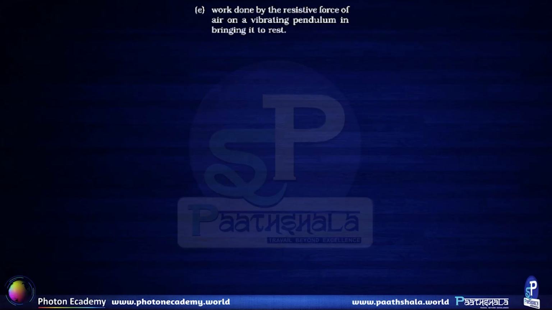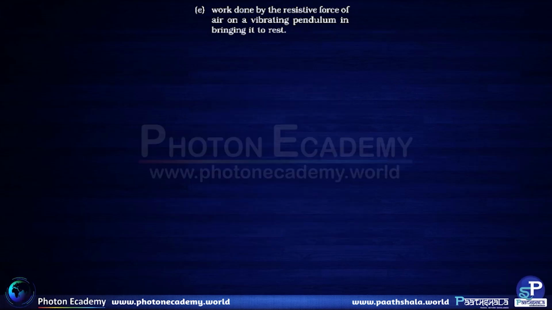Work done by the resistive force of air on a vibrating pendulum in bringing it to rest. So let us say there is some pendulum like this. This is the pendulum, and let us say that it is in this position.